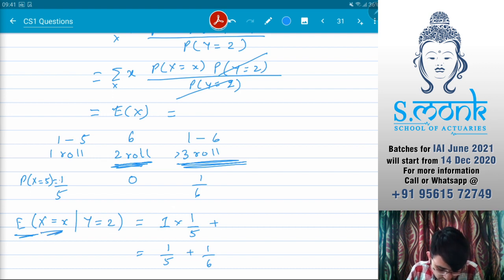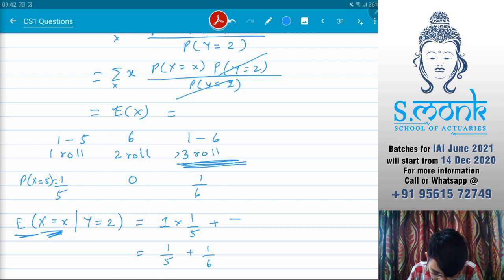The probability of the number of rolls being 2 is 0. Okay, so we'll not add that. And the probability of the roll being 3 or more is going to be nothing but a geometric distribution.